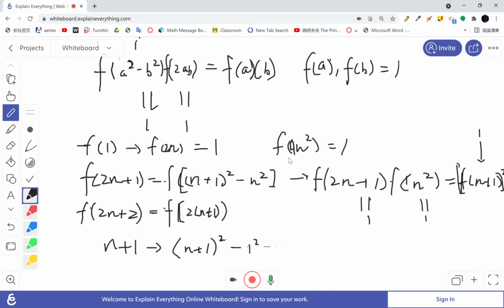So the induction basically becomes like this. So we can say that if f of n plus 1 square plus 1 square is equal to 1, then these two are all equal to 1, right?